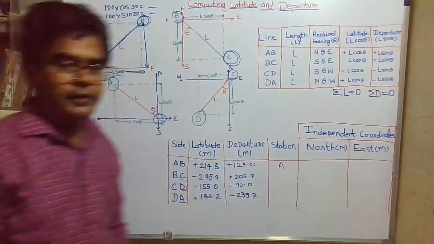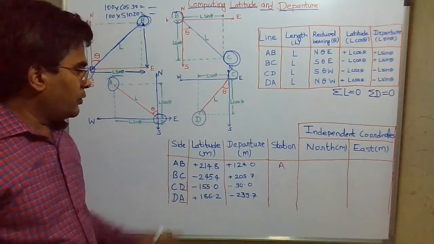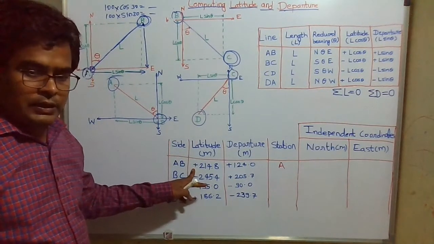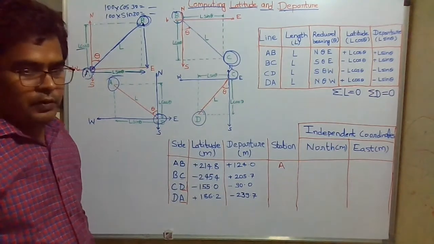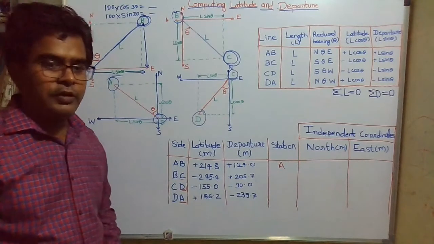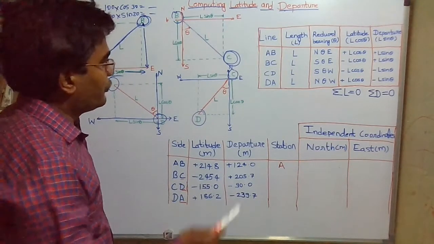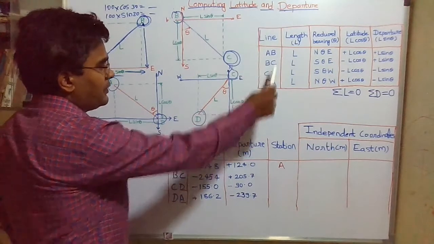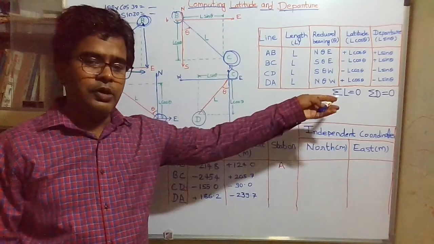Let us see how to calculate the independent coordinates. Here I have taken directly the values of latitude and departure, which were calculated for some problem. Suppose there is one closed traverse ABCDA, and we know the length of the lines and the reduced bearing of each line.